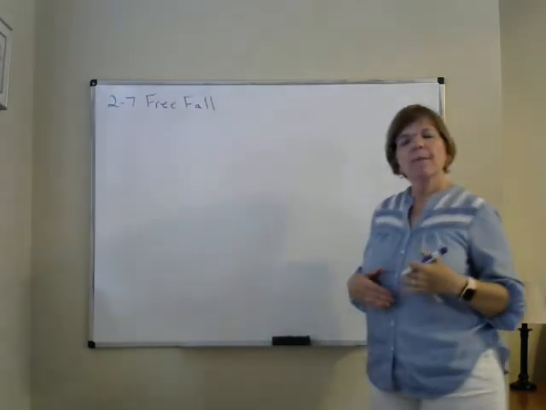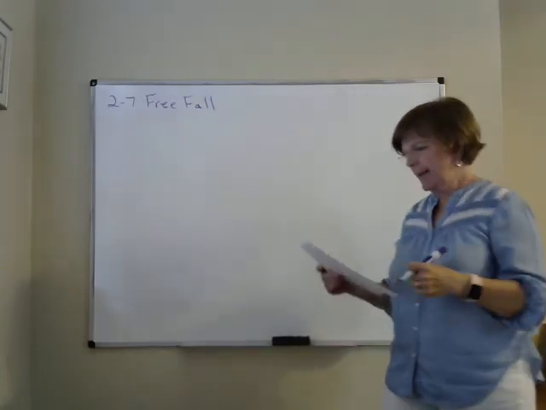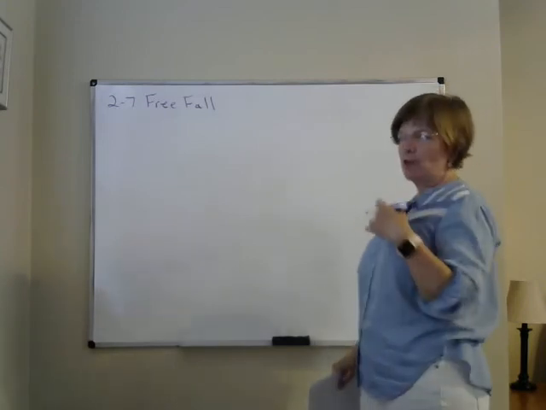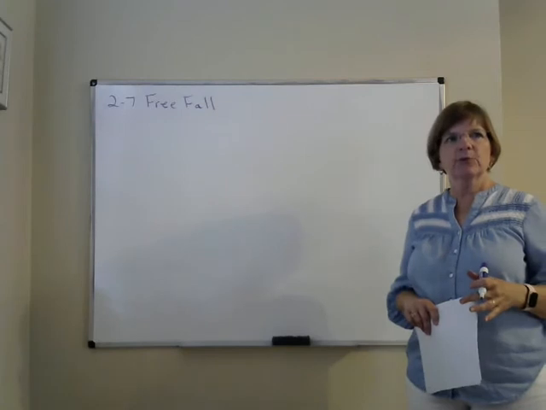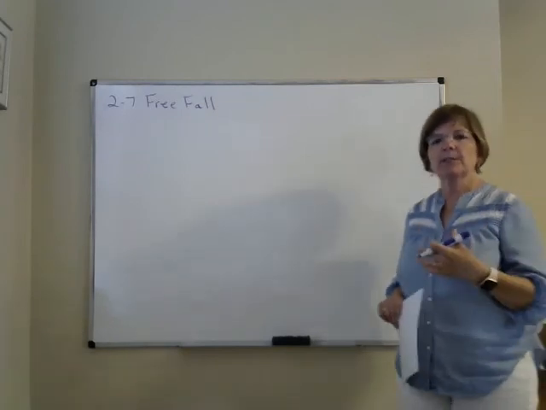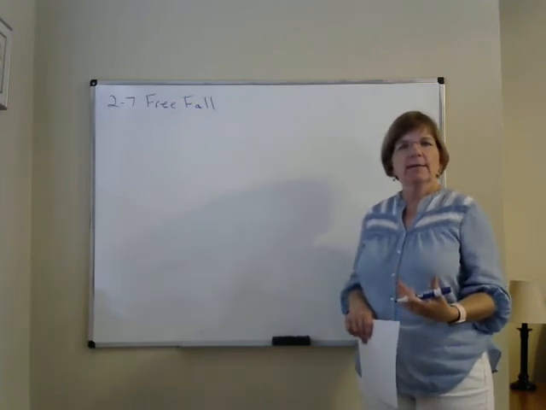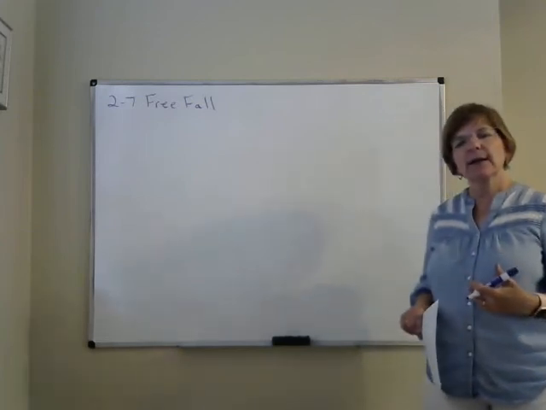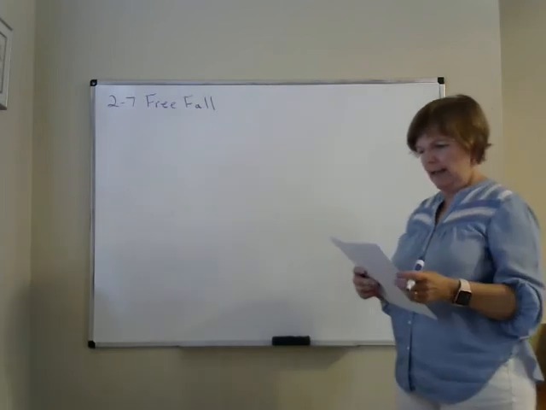When we talk about something that's in free fall, we basically are saying that the only force acting on the object is gravity. So we have to really ignore air resistance, which is not always appropriate. It's perfectly appropriate to ignore air resistance if we're talking about dropping cannonballs. It's obviously not appropriate to ignore air resistance if we're talking about things like falling feathers or leaves or parachutes.